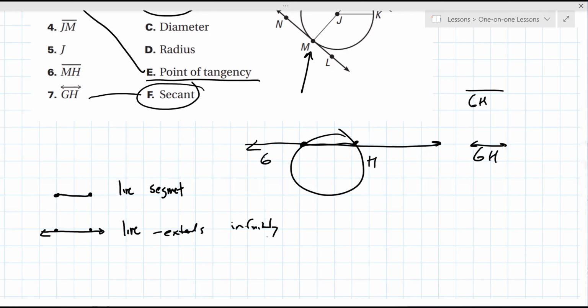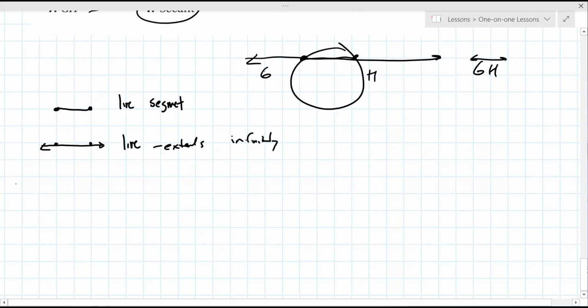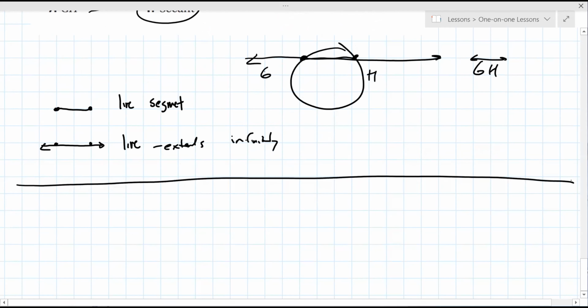Did it extend infinitely? Was there people out forever and ever? No. But it's weird to say, hey, everyone get into a line segment. Draw a line on your paper. Well, I can't because I have to stop at some point, right? So we actually draw line segments all the time. We just don't say it, and I misuse it too.